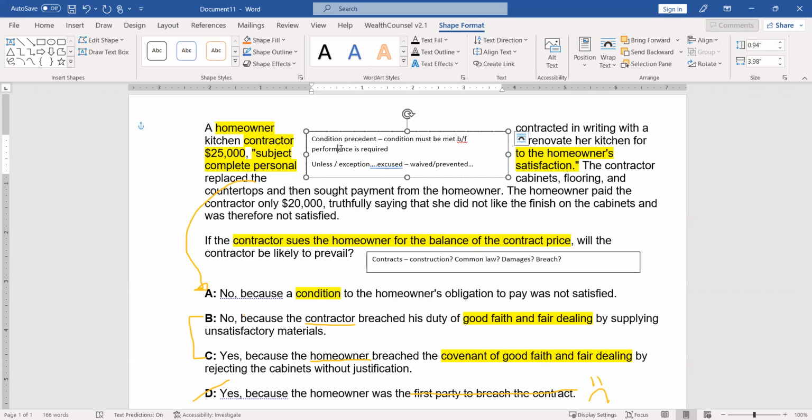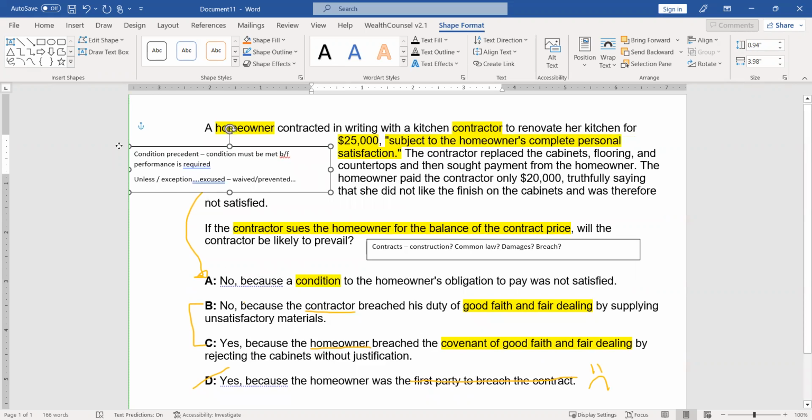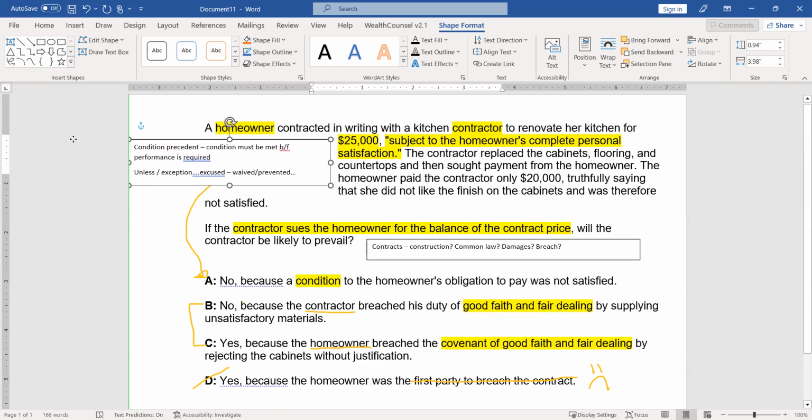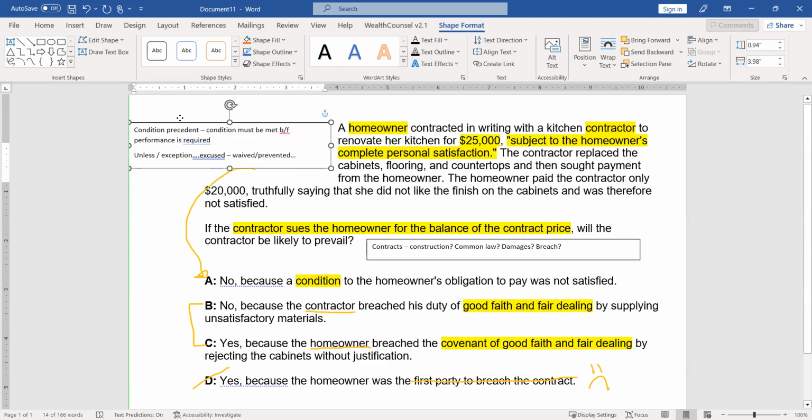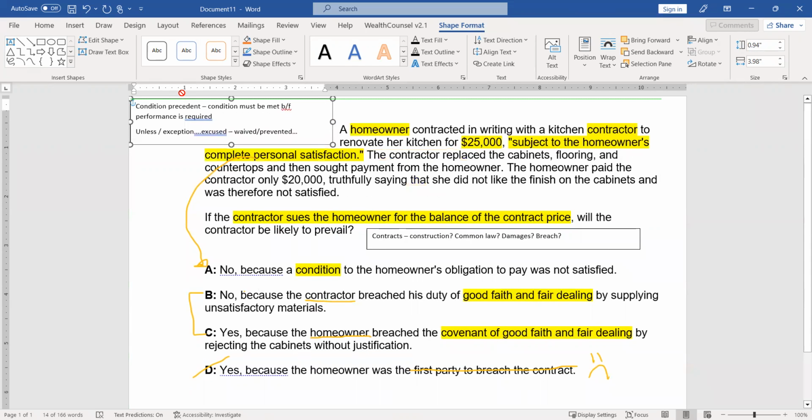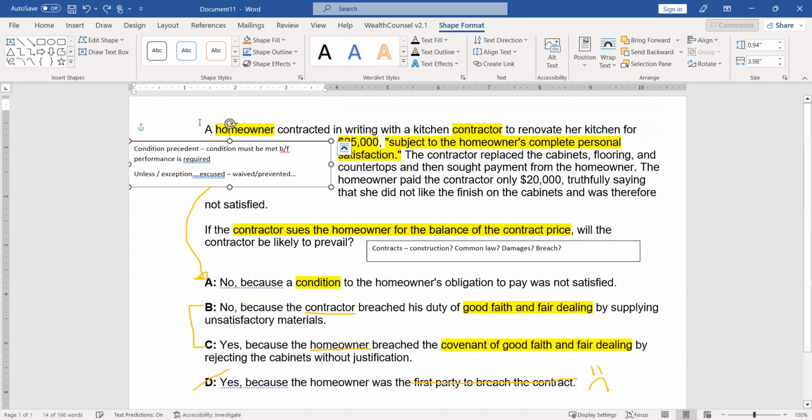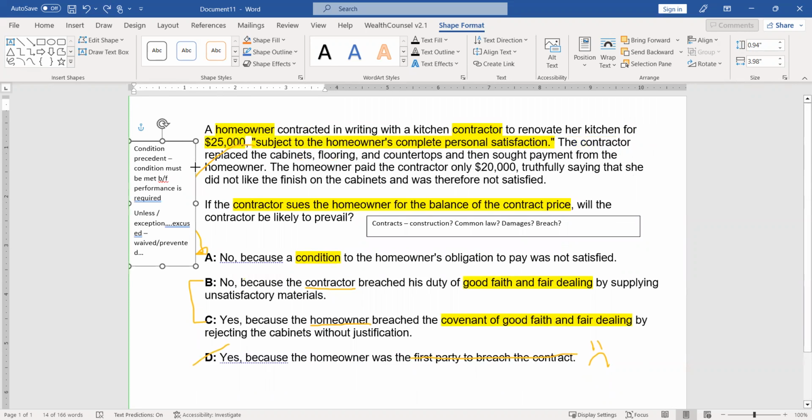This is why I recommend you guys on the MPTs do all your reading and planning and thinking before writing things out, because it tends to be that when you are multitasking, you make a lot of mistakes. So you want to really compartmentalize and do the division of labor when you're working.